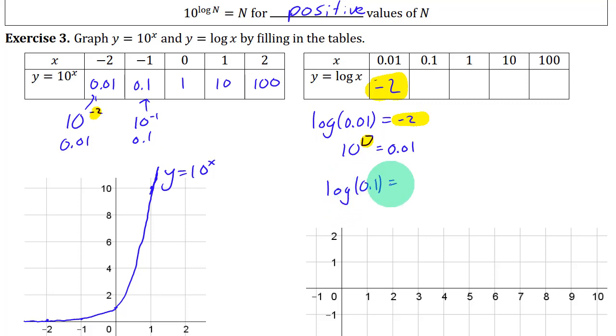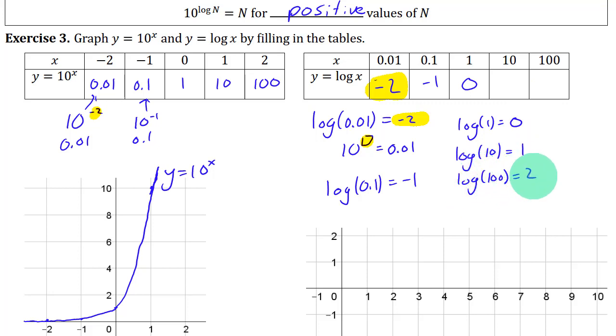The exponent of 10 that results in 0.1 is negative 1. Likewise, here, the exponent of 10 that results in 1 is 0. So that's going to be 0. The exponent of 10 that results in 10 is 1. The exponent of 10 that results in 100 is 2.